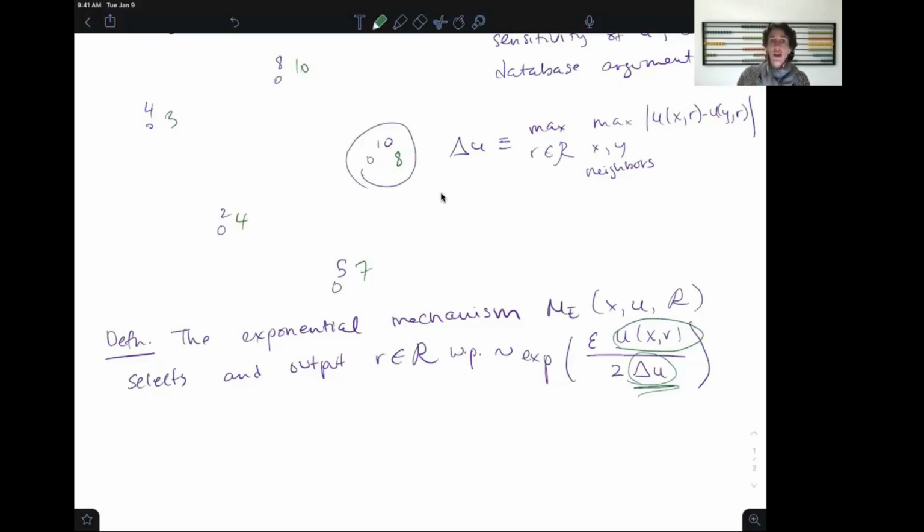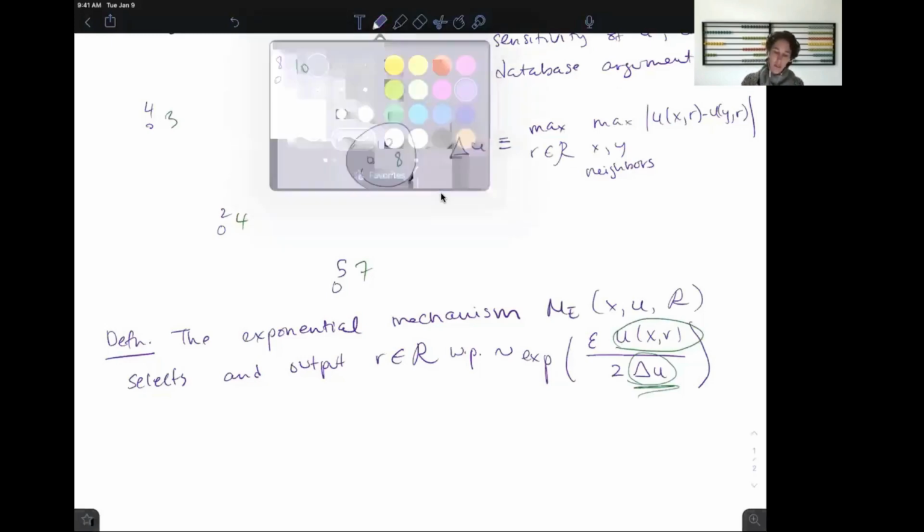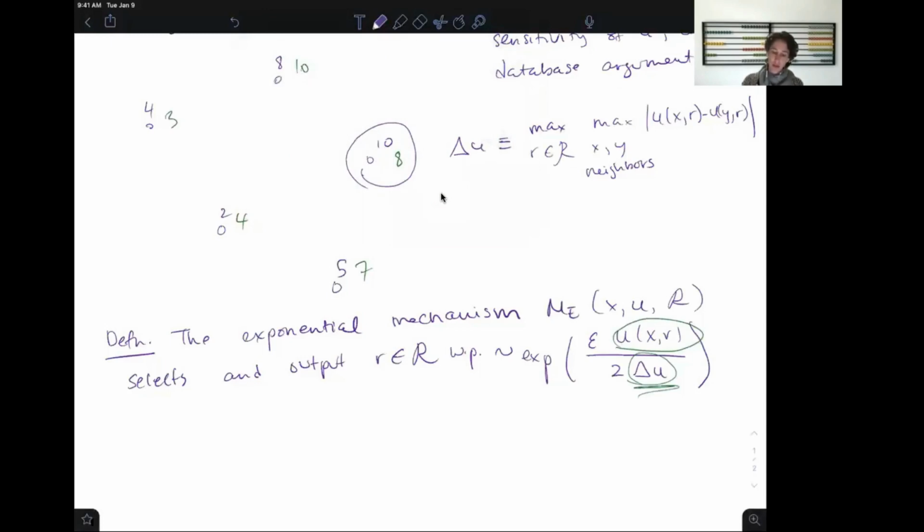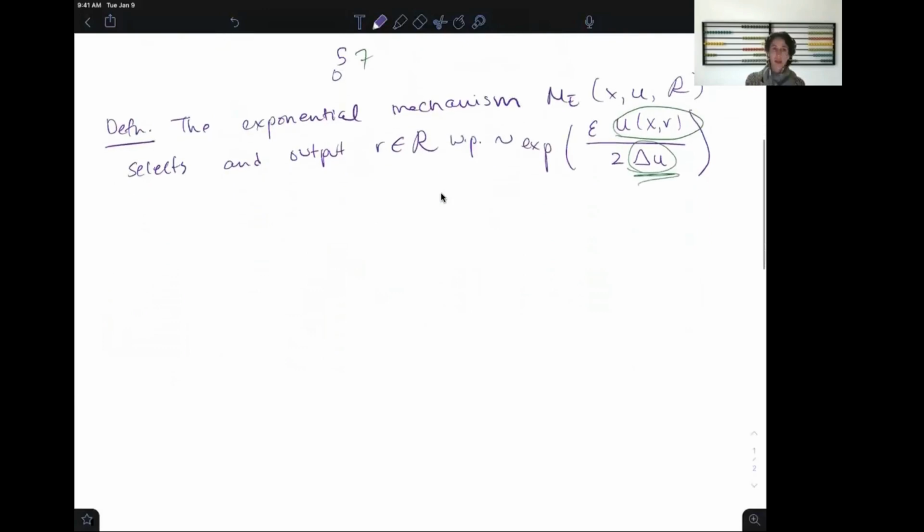Okay. So let's start first, though, with the proof of privacy. And you guys are experts now at how to do a proof of differential privacy. So let's get started.